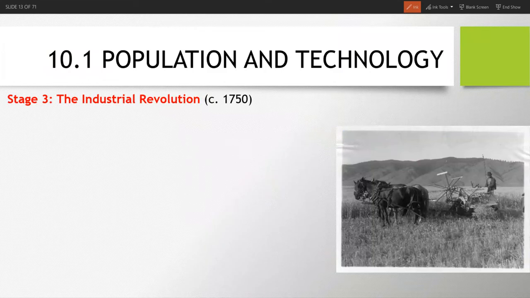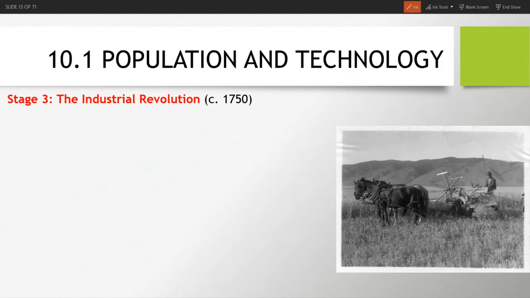Okay, stage three, we fast forward a bit through the ancient era and through the medieval era until we get to the modern era. And with stage three, we're looking at the Industrial Revolution in particular, starting round about the mid 1700s.